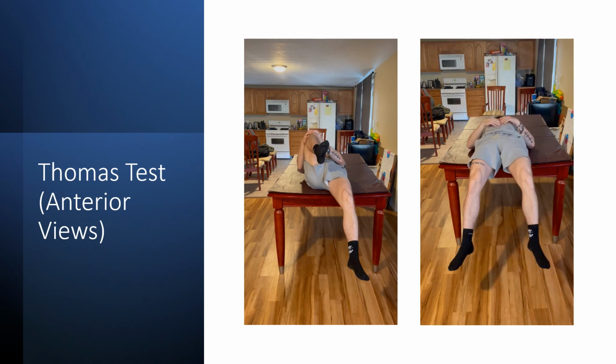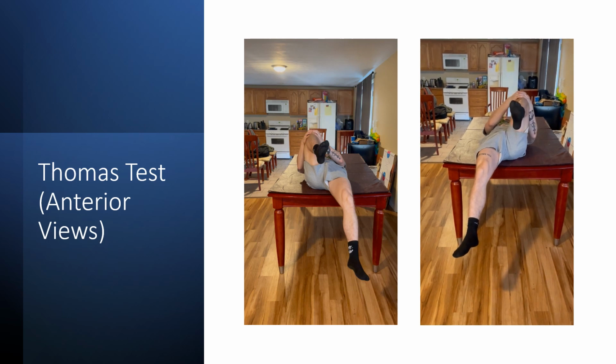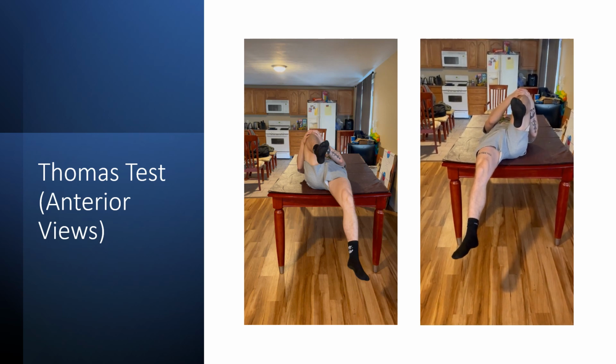What we notice on both the right and the left side here is that there is a restricted hip extension because the test thigh slightly lifted off the table once the hip was flexed, and that could be caused by an overactive psoas or a shortened rectus femoris.